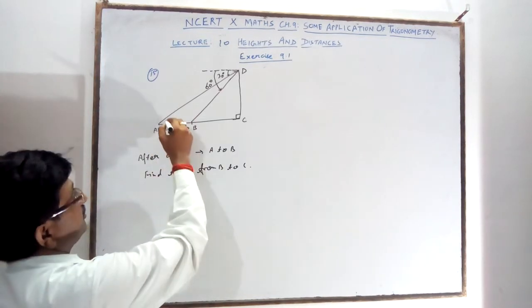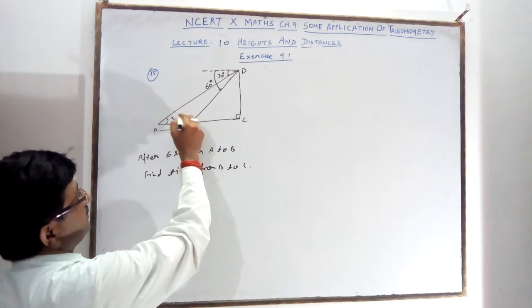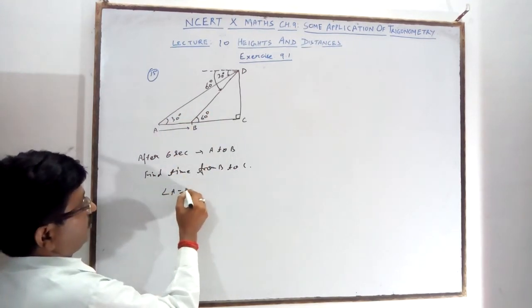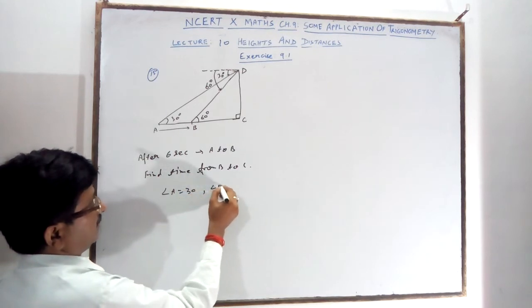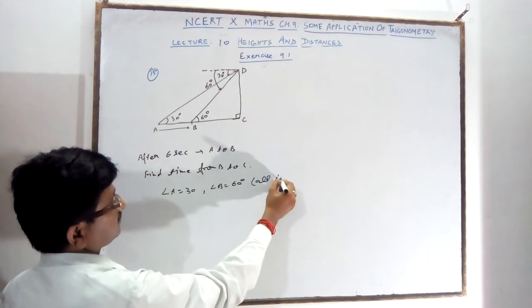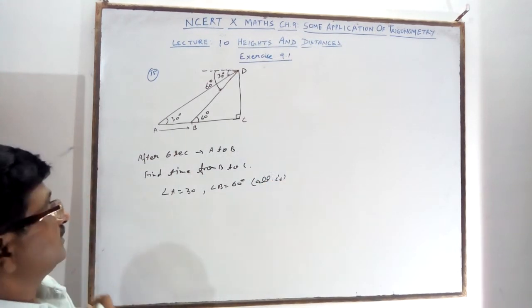So here angle A will be 30 degrees and angle B will be 60 degrees. First write angle A is equal to 30 degrees, angle B is equal to 60 degrees, by alternate interior angles.